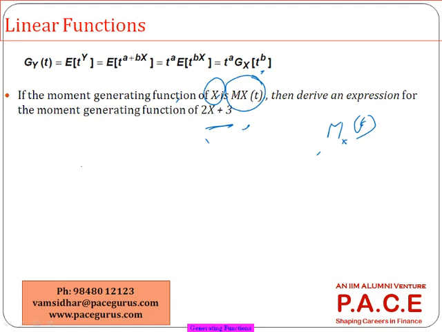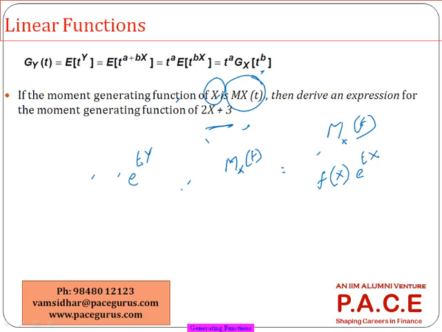All we are doing is, okay, the moment generating function for y, what is it? It is E of e power ty. Whereas the moment generating function of x, what is it? He would have multiplied whatever the function is with e power tx.